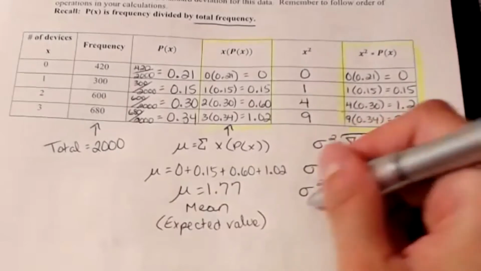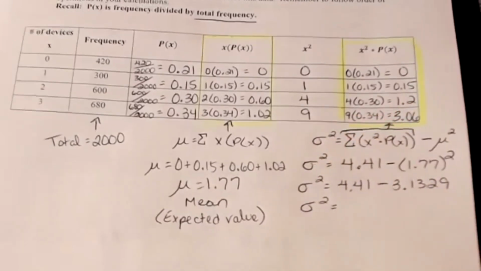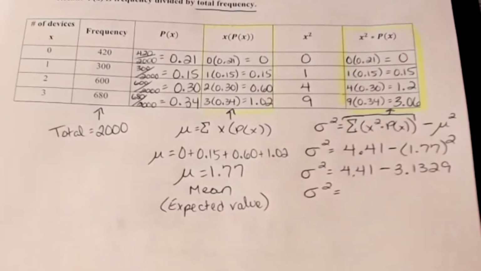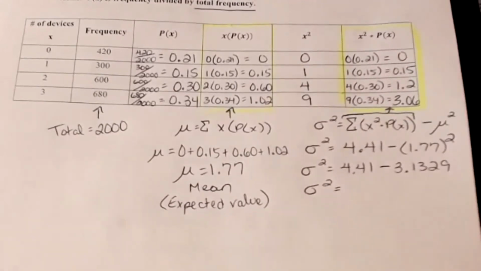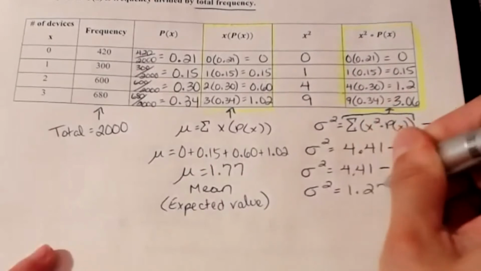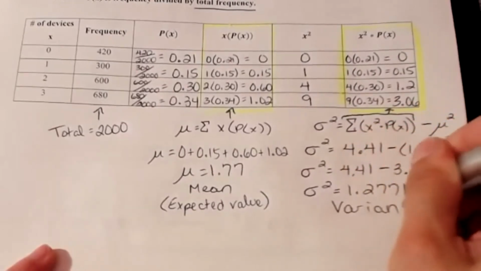So what is our variance? Yes, thank you, Angelica. 1.2771. There is our variance.